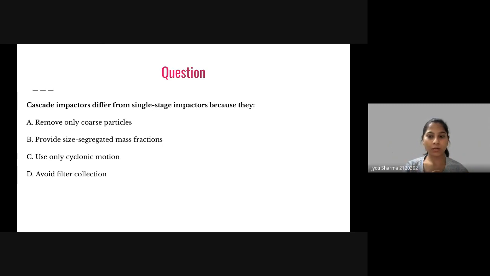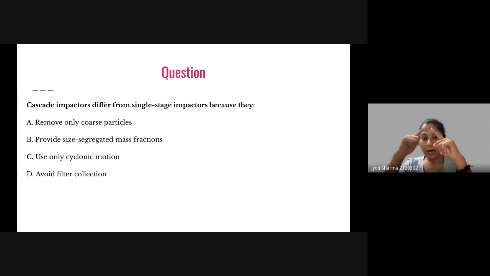If you have watched sir's lecture, it was about what is the size, what is the length, what is the design of the impactor you are having.